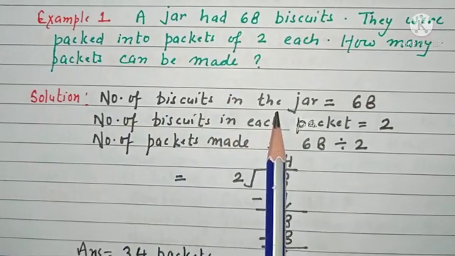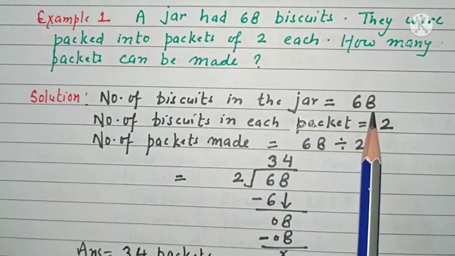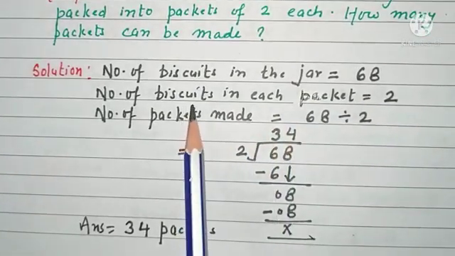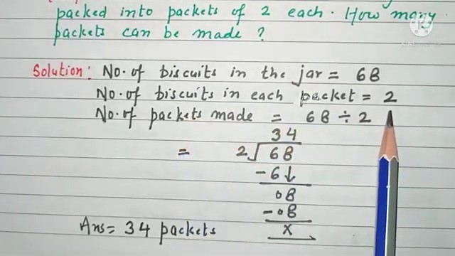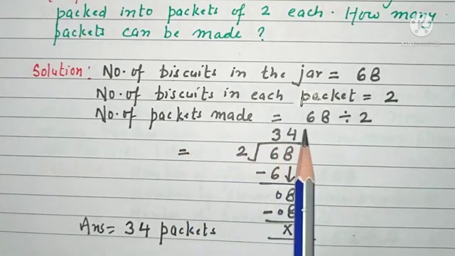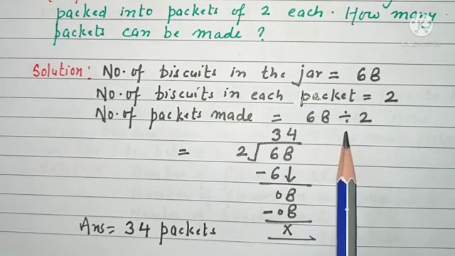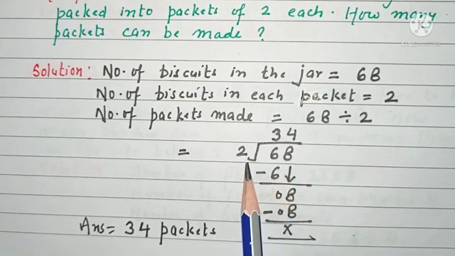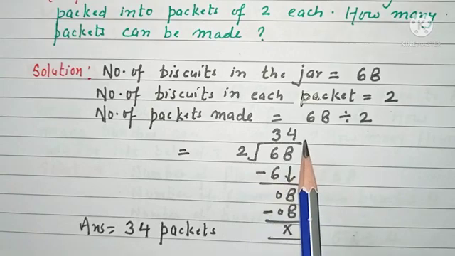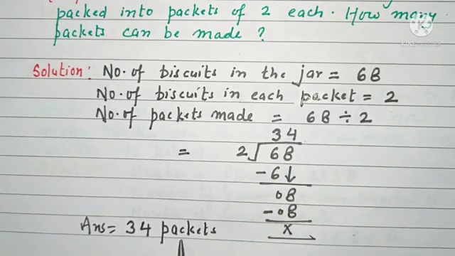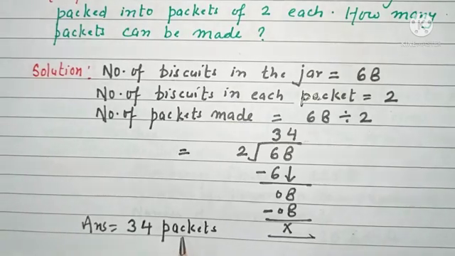The total number of biscuits in the jar is 68, and in each packet, the number of biscuits is 2. So, how many packets can be made? We can find it by 68 divided by 2. So when 68 is divided by 2, the answer comes out to be 34. So here 34 packets is the answer.